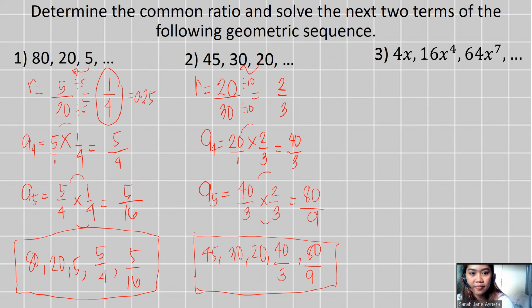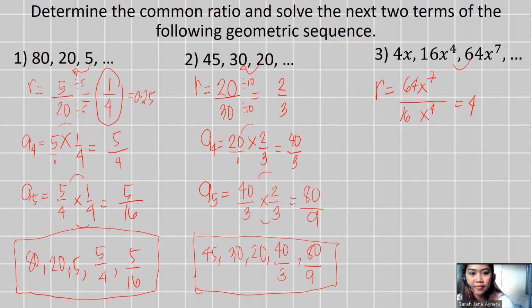For number 3, the common ratio is equal to, so let us choose 64x raised to 7 divided by its preceding term, which is 16x raised to 4. So, we divide 64 by 16. 64 divided by 16 is equal to 4. x raised to 7 divided by x raised to 4.